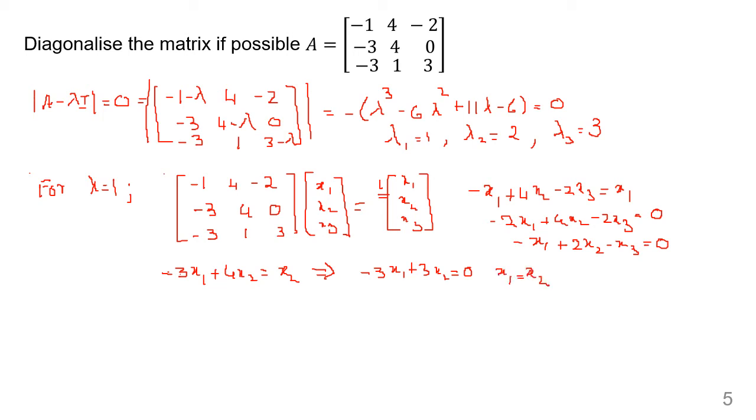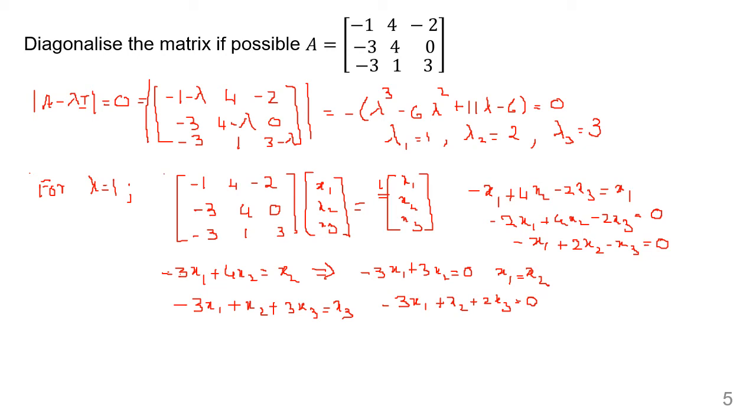Let us take the third equation, minus 3x1 plus x2 plus 3x3 is equal to x3. That gives you minus 3x1 plus x2 plus 2x3 is equal to 0. So we know that x1 is equal to x2.